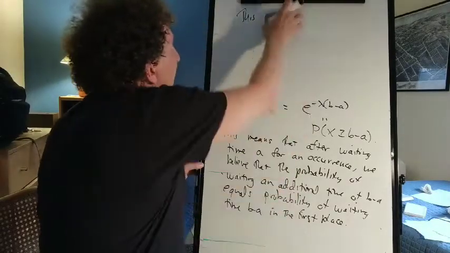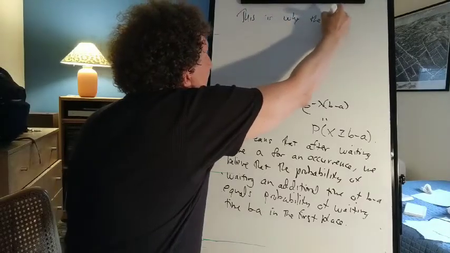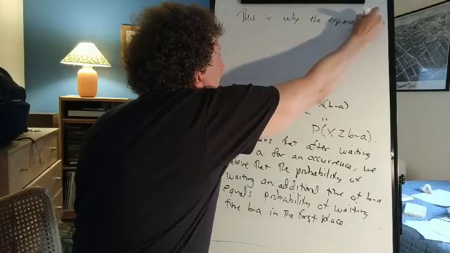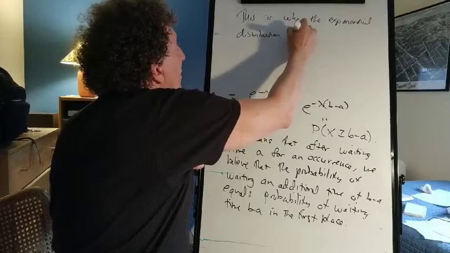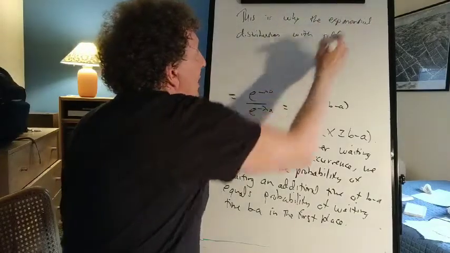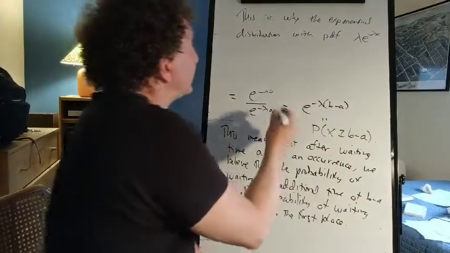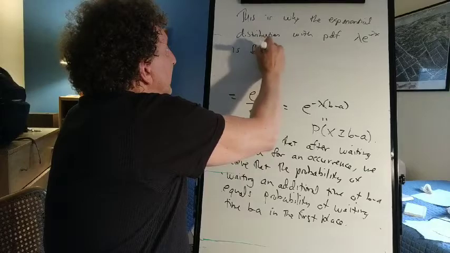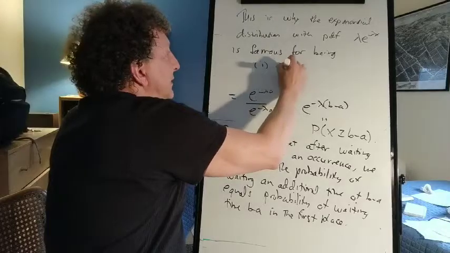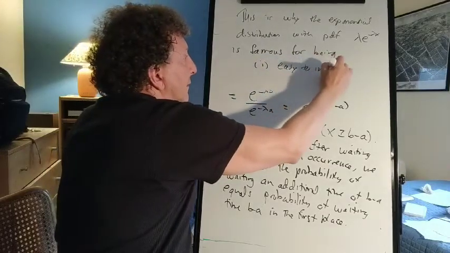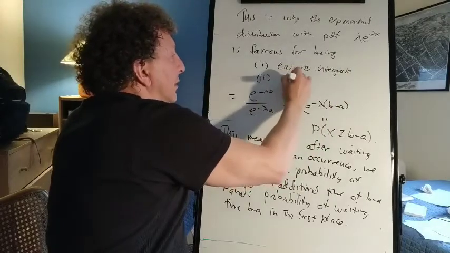So this is why the exponential distribution with probability density function lambda e to the minus lambda x is famous for being, first of all, easy to integrate, second of all, unrealistic.